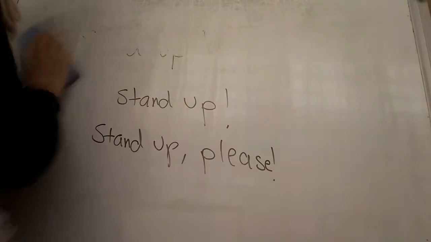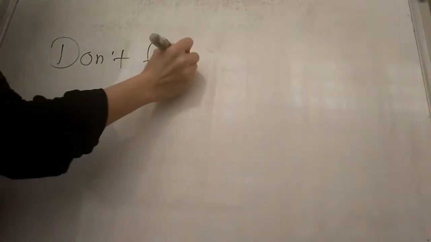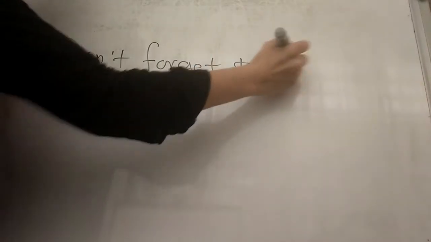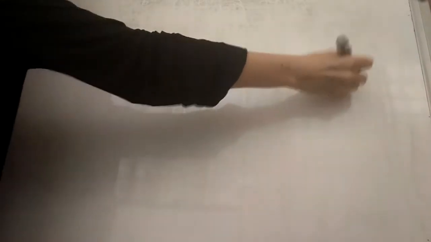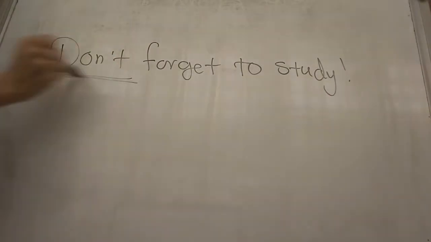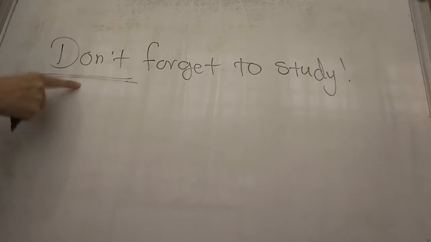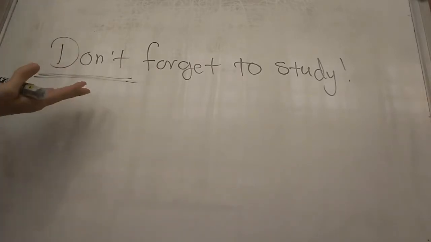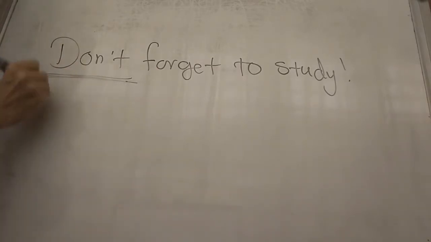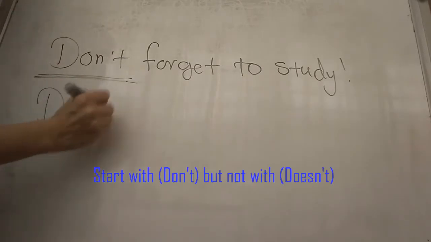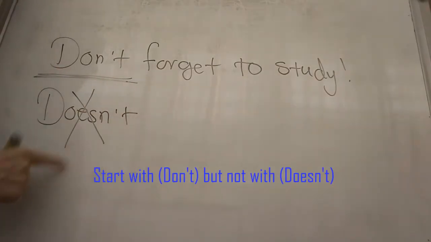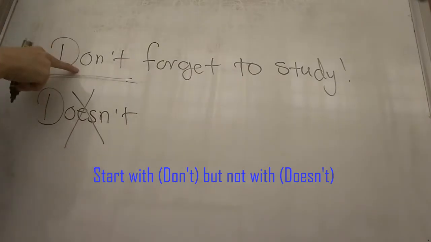For example, "Don't forget to study." Here we started the sentence with "don't" and not "doesn't," so you have to be very careful. We don't start the sentence with "doesn't." We only start with "don't."